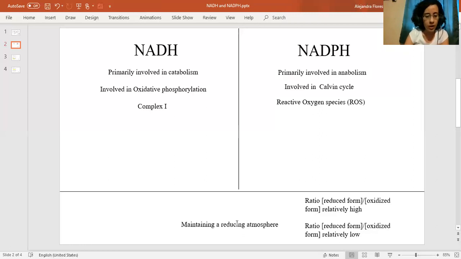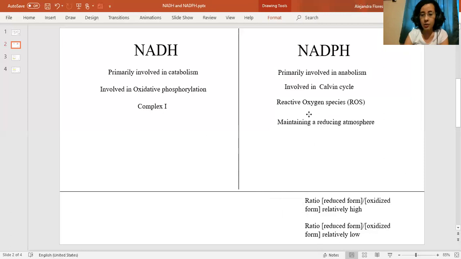So that's why it's important. By maintaining a reducing atmosphere, what does this mean? You're going to have more NADPH than NADP plus, and you will also have more reduced glutathione than oxidized glutathione. By doing this, the cells prevent oxidative damage.